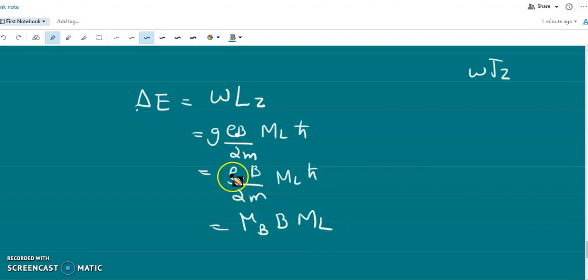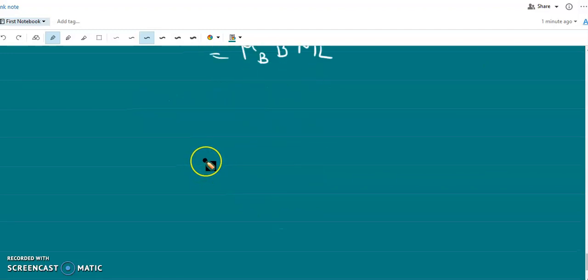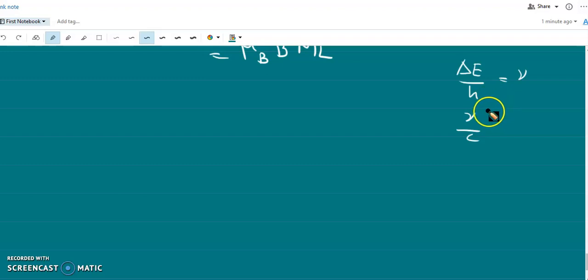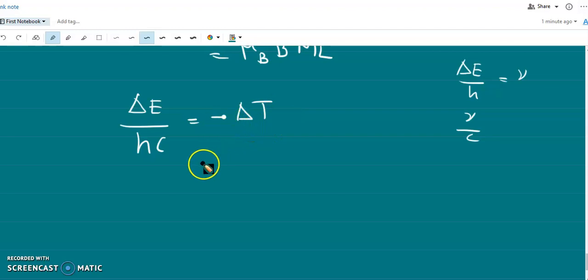Now the interaction energy in wave number units is given by the following. We know that this is the energy difference. Delta E by H will give the frequency, and nu divided by C gives the corresponding wave number. So delta E by Hc gives the interaction energy in wave number units. This is represented as minus delta T, and it is equal to mu b B ml divided by Hc.